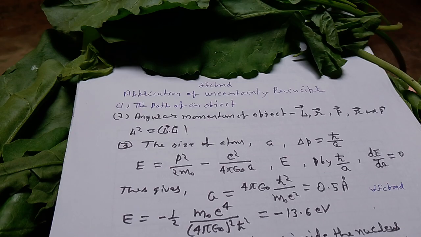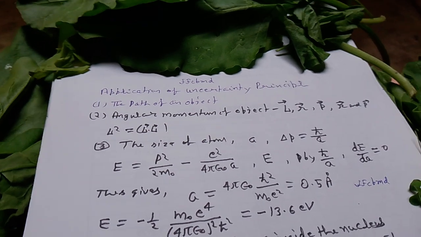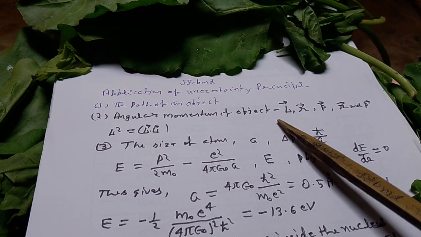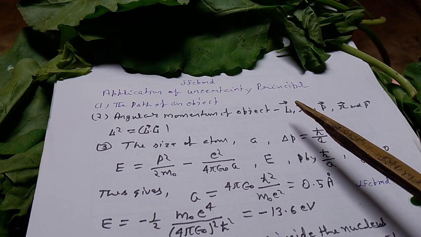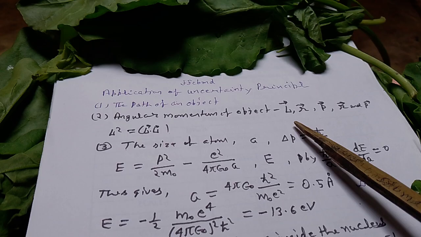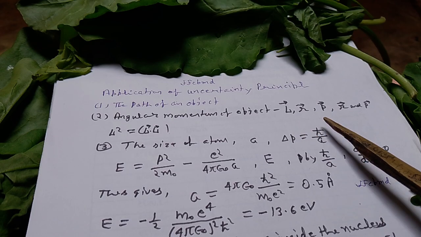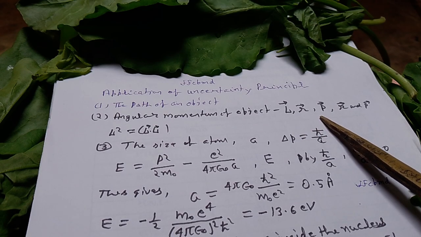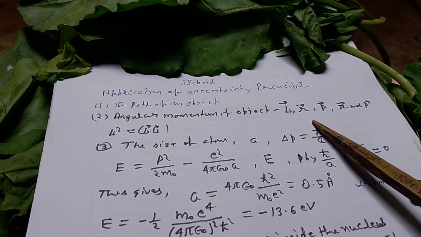Next application, angular momentum of an object. The angular momentum L vector of an object, angular momentum is a vector quantity, is defined as a cross product of its position and momentum.